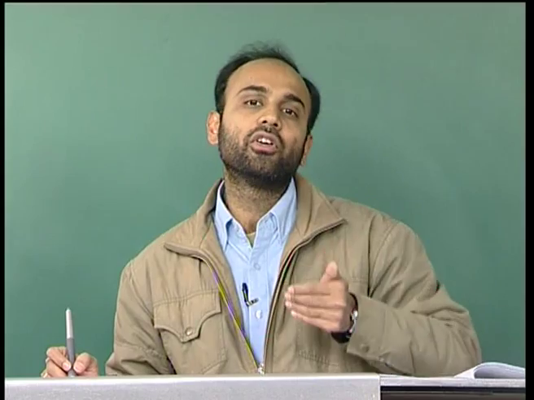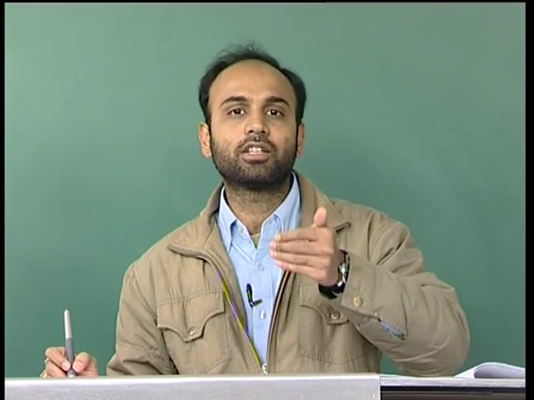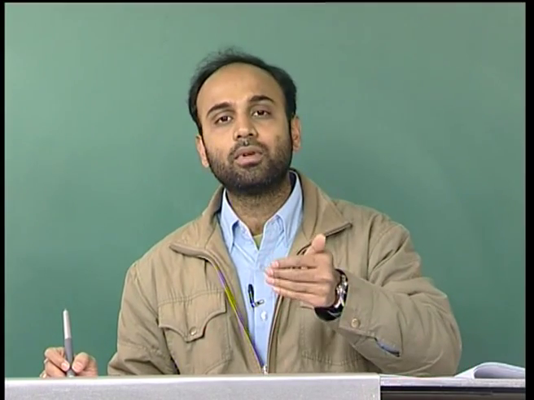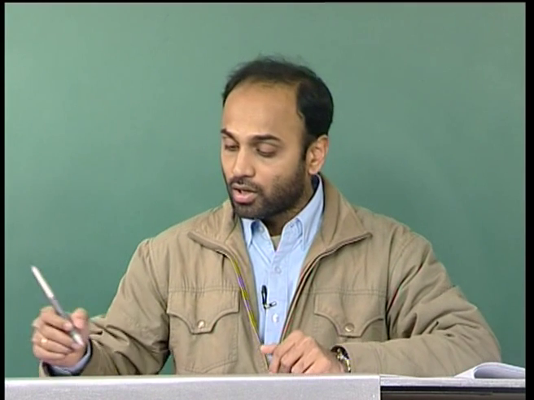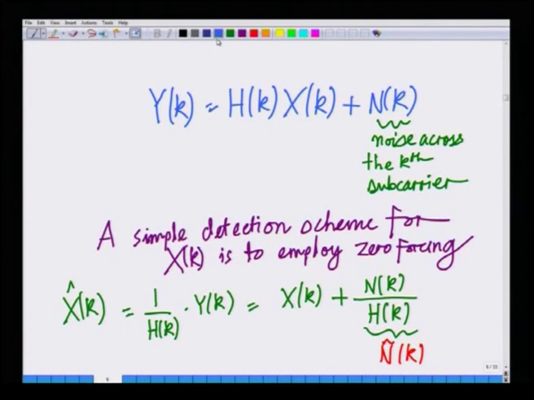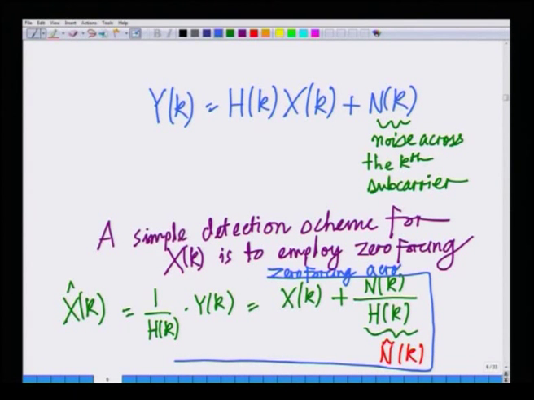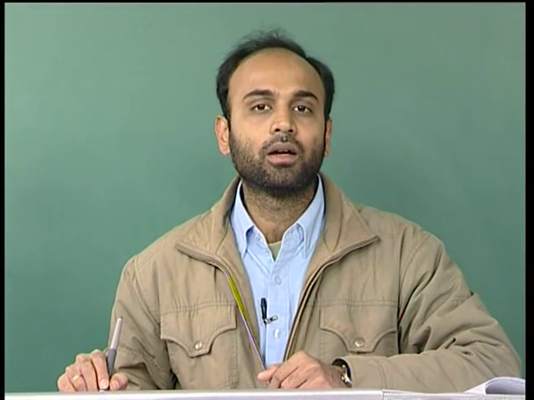This has to be done for each subcarrier. Right? What has to be done is that this process has to be done for each subcarrier. So this is the zero forcing detection.